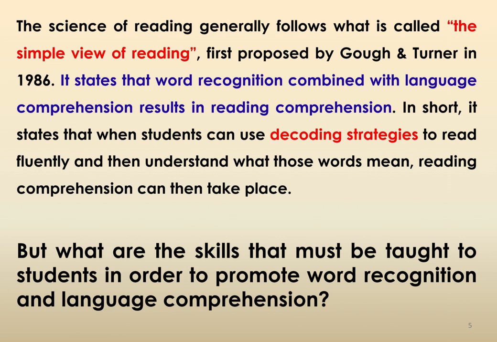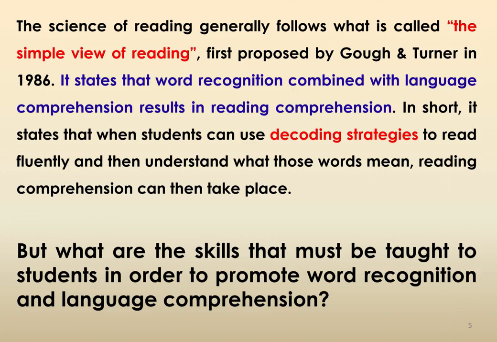At its core, the science of reading generally follows a famous framework known as the simple view of reading, which was first proposed by Gough and Tunmer back in 1986. This model states that true reading comprehension is the direct result of combining two distinct elements: word recognition, which is very important, and language comprehension.